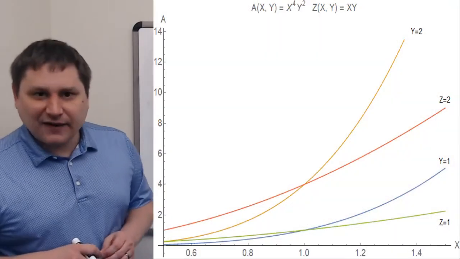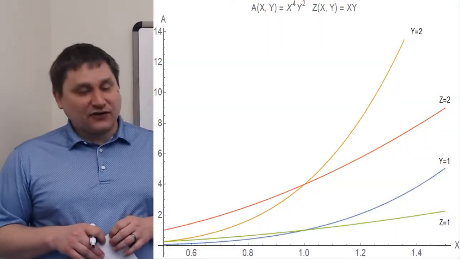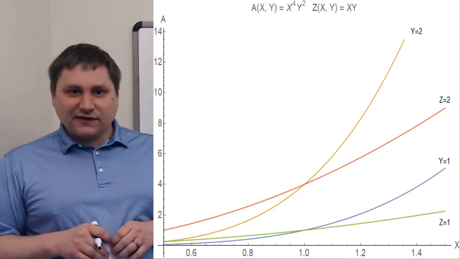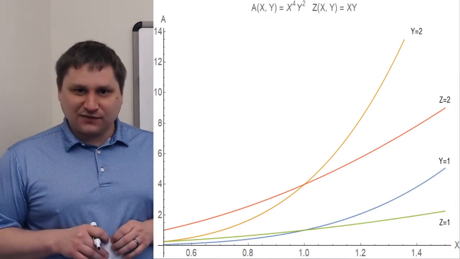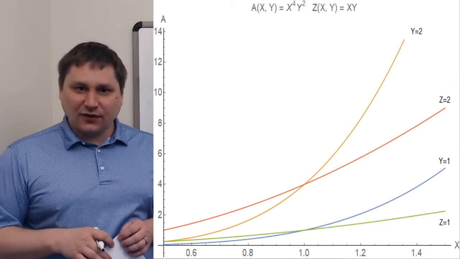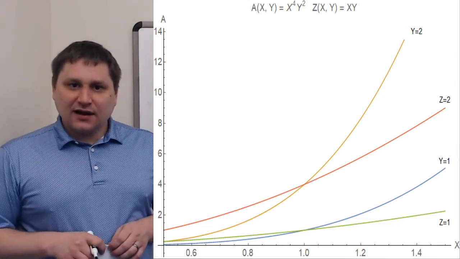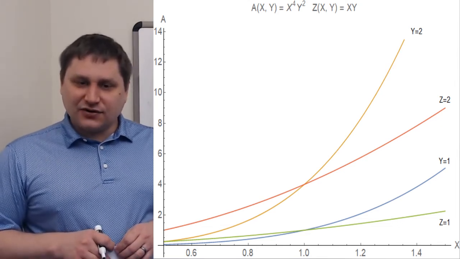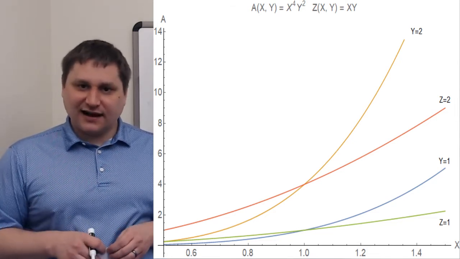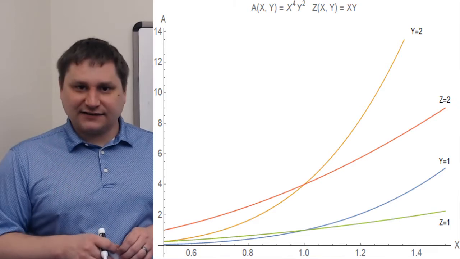The second graph I'm showing here is a plot of a versus x with different things held constant. At first, you can see a versus x with y set to 1 and y set to 2. Obviously, those are different curves. But the interesting thing is the 2 graphs where we have a versus x with z set constant to 1 and z set constant to 2.